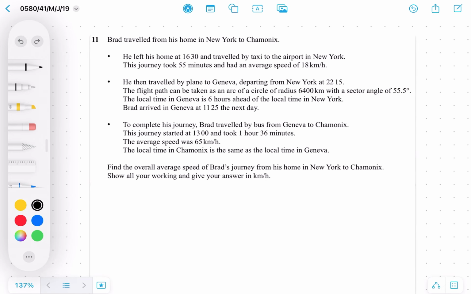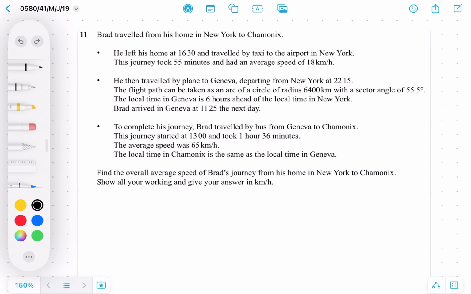So yeah, let's start. If we just take a skim through, we should be familiar with trigger words. These are words which remind us of certain topics. As you can see here, we've got a lot of times given to us, and then we have these speeds.